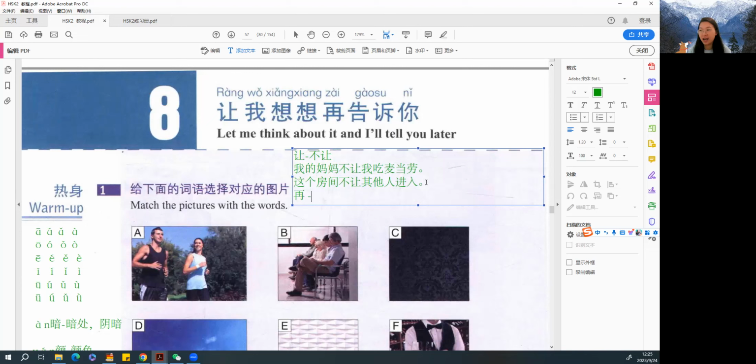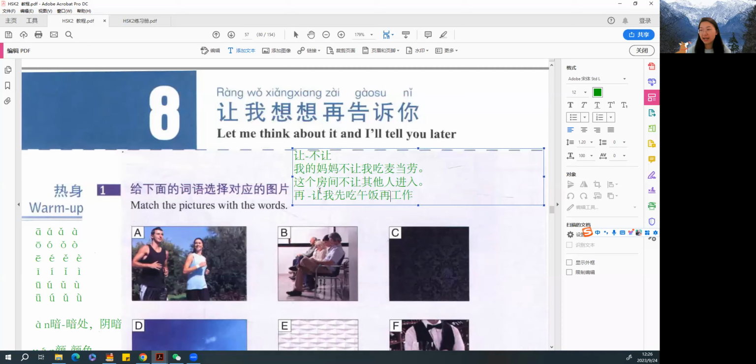It can be 让我先吃午饭. Remember 吃 eat, 午饭 lunch. Here 先 means first. Let me eat lunch first. 再工作, 再 is then, and then I will work. 工作, work, right? 工作 can be a noun and also a verb.